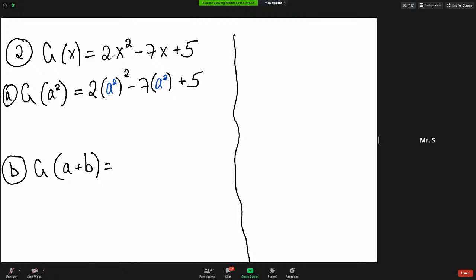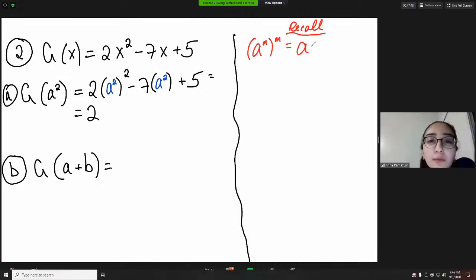Probably should have made it a cubed to make it a little more interesting, but regardless, properties of exponents. One of the properties we're trying to recall: if you have a to the n raised to the power of m, what should that equal? We just multiply the exponents.